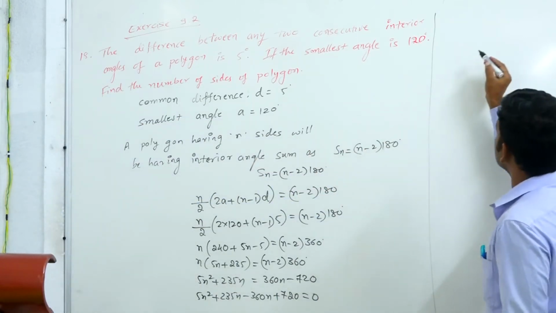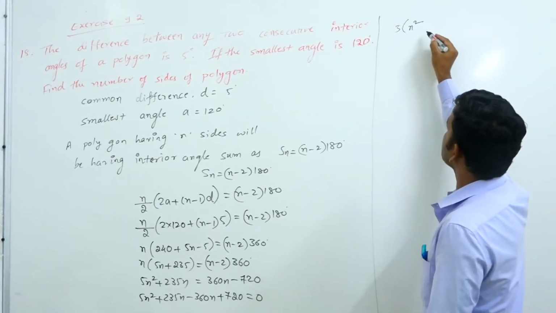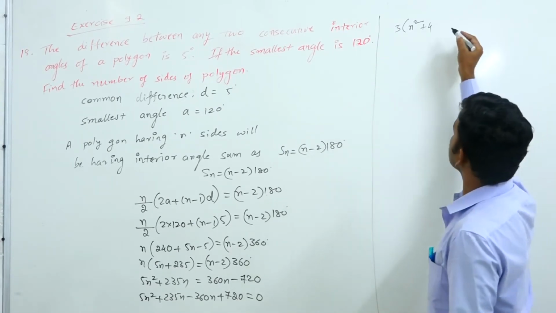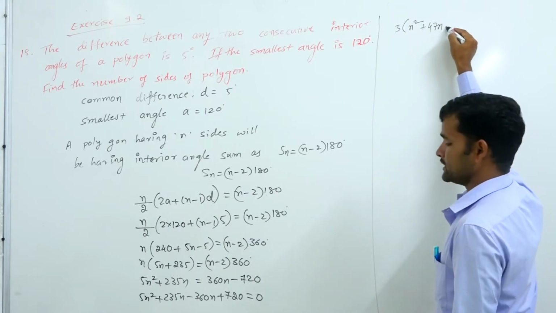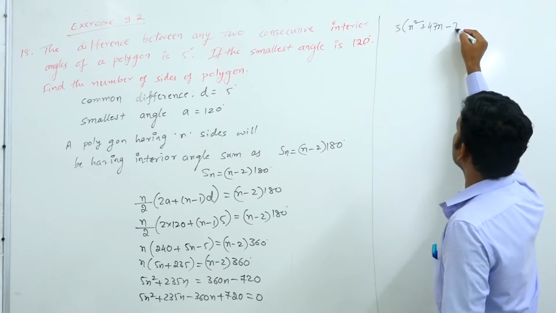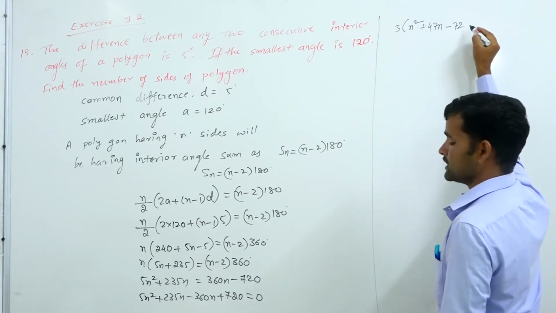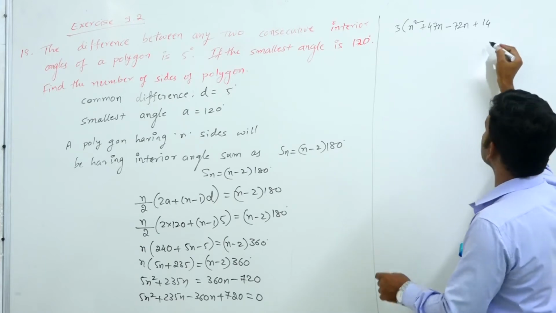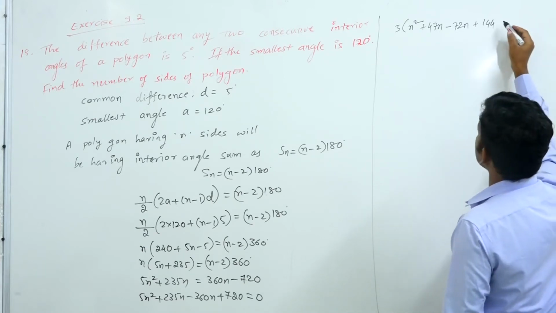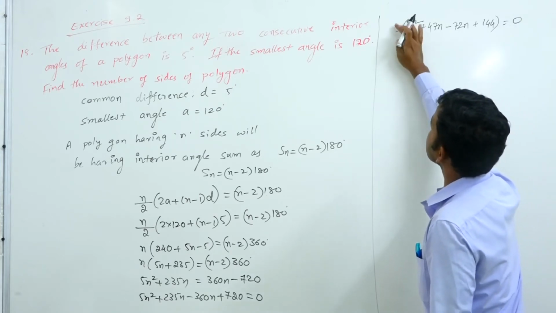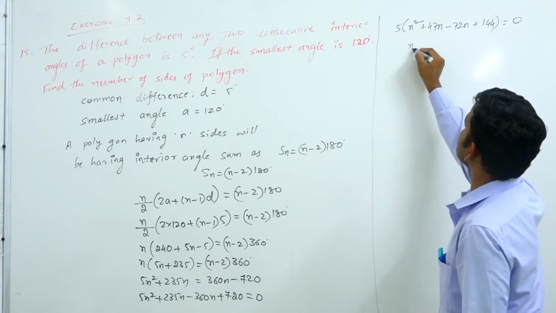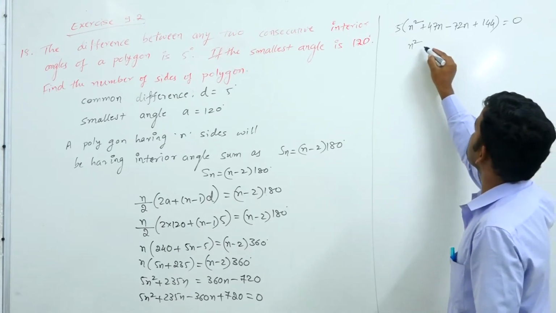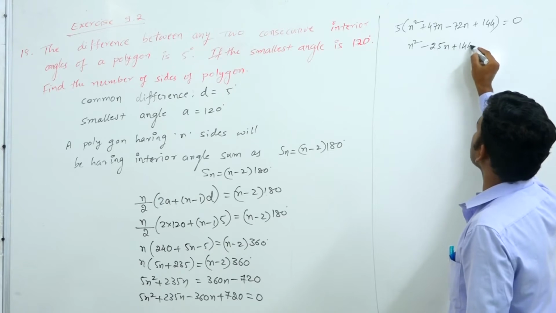If you take 5 outside, that is 5 into n square plus 235 minus 360 is minus 125, and 720, which is equal to 0. 5 will go to the right hand side and that becomes 0. n square minus 25n plus 144 is equal to 0.